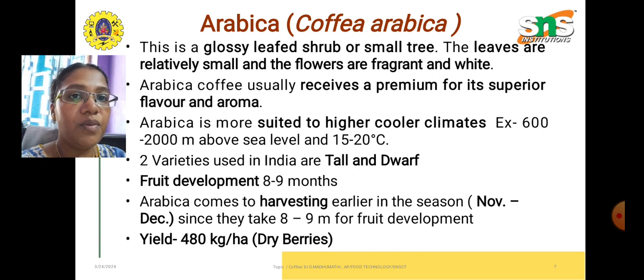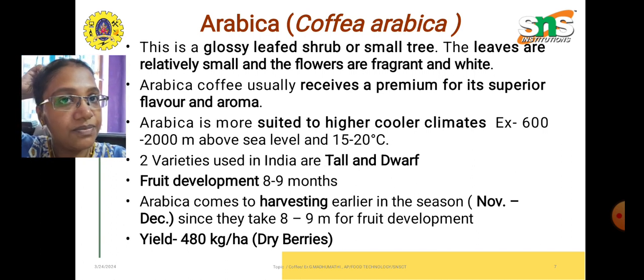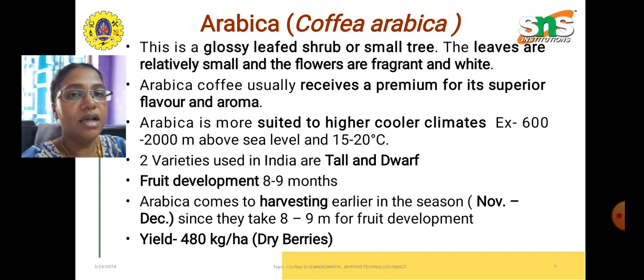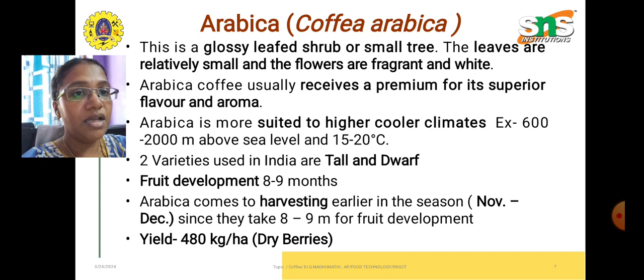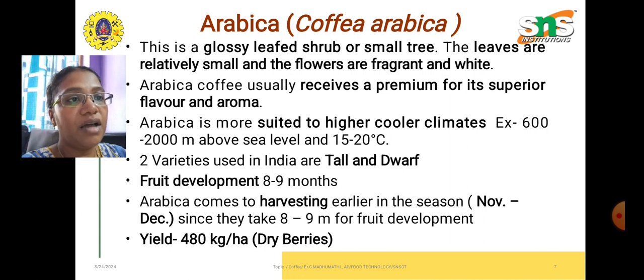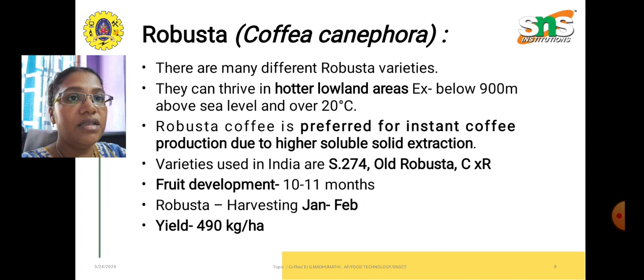Fruit development takes 8 to 9 months, and Arabica comes to harvest earlier in the season, from November to December. Yield will be around 480 kg per hectare for the dry berries.